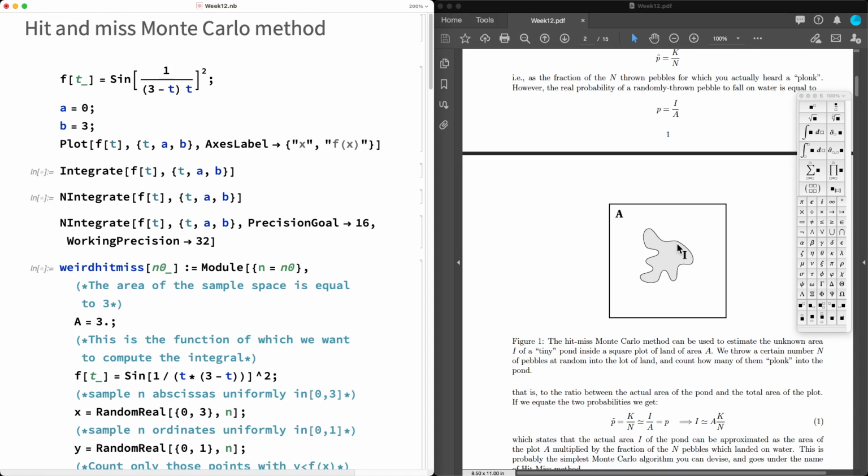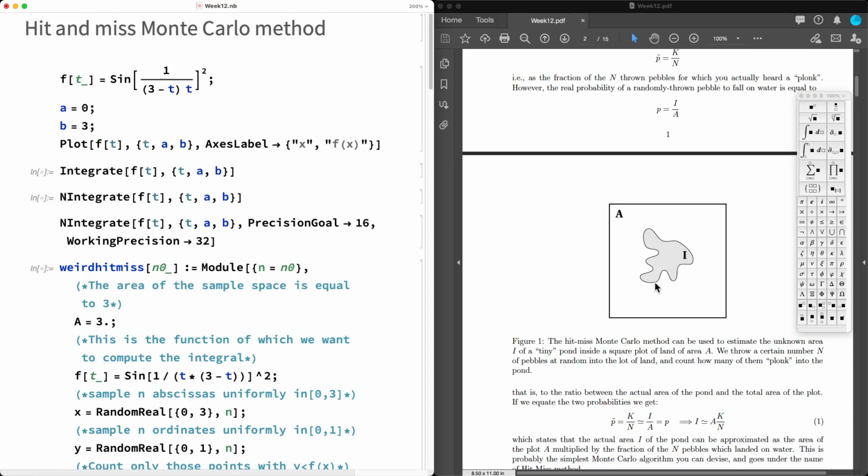The hit and miss Monte Carlo method can be used to estimate this unknown area, I, of the pond, inside a square plot of land of area A, by throwing in a number of pebbles n into this square at random, and then counting how many fell inside the pond.